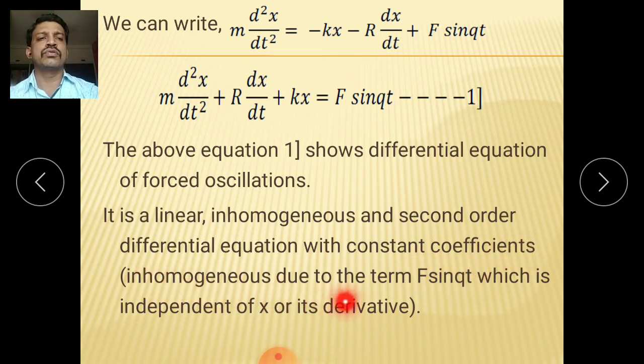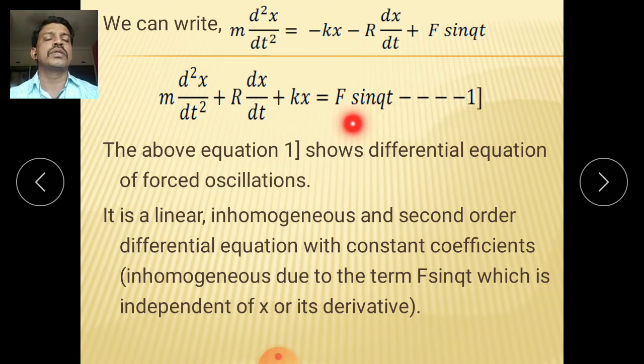Inhomogeneous due to the term f sin qt. Here the f sin qt term is there, in which the x quantity is not present. The x quantity is not present, therefore it is an inhomogeneous equation. It is independent of x or its derivative, meaning the x quantity or derivative of x is not present.